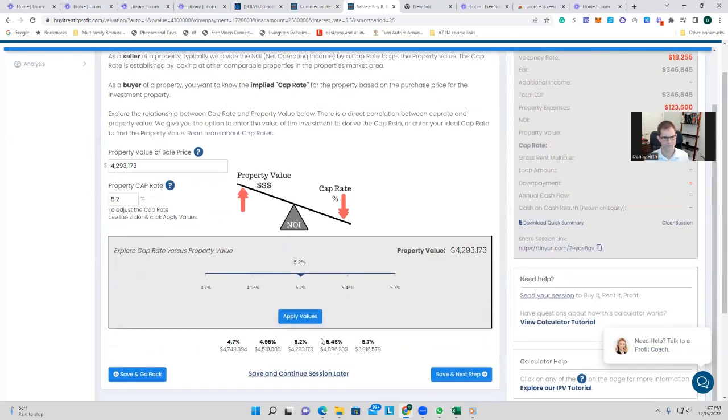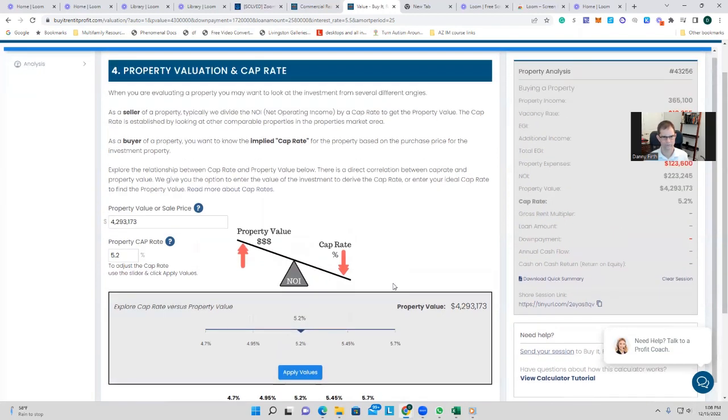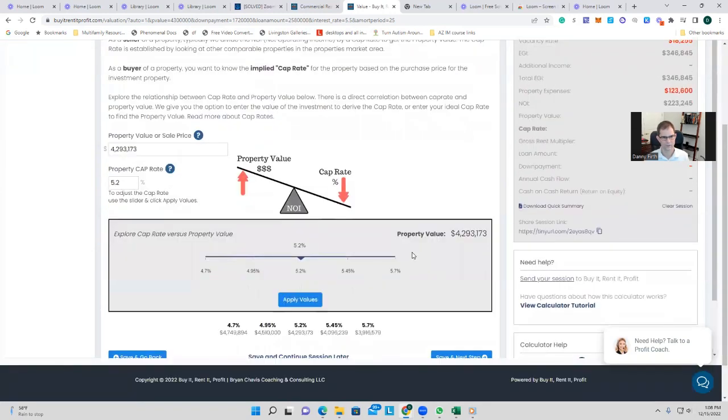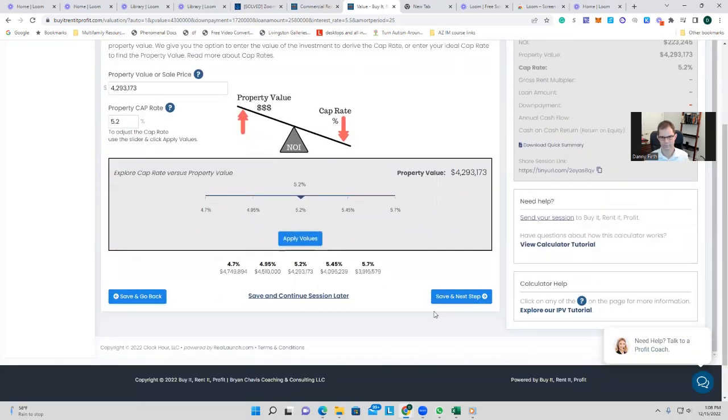Oh, and actually, you know what? You can just look down below and see if I was buying it at a 5.7 cap, it'd be a little under 4. If I was buying it at 4.7, that's what it would be. So this is just a nice way to see what the cap rates are in a given area, and if you're getting a fair deal.